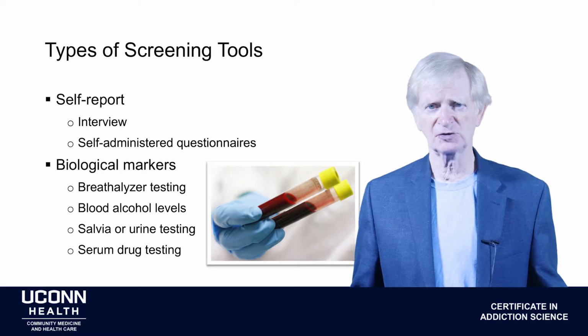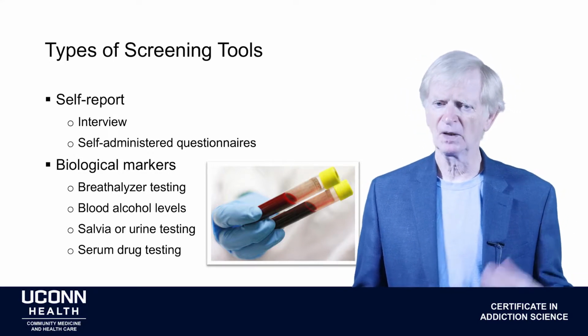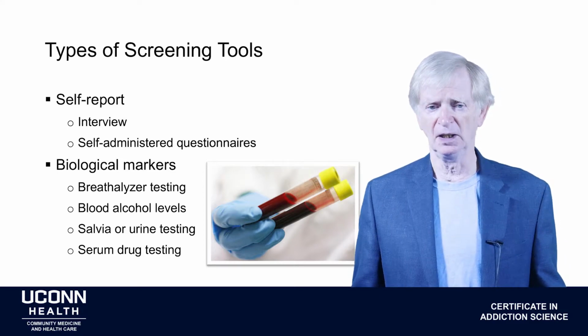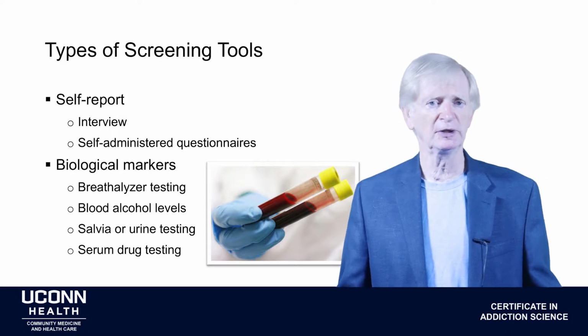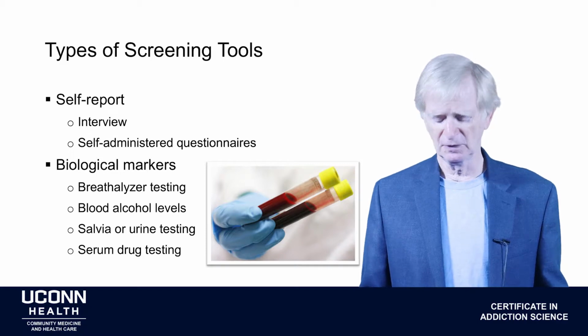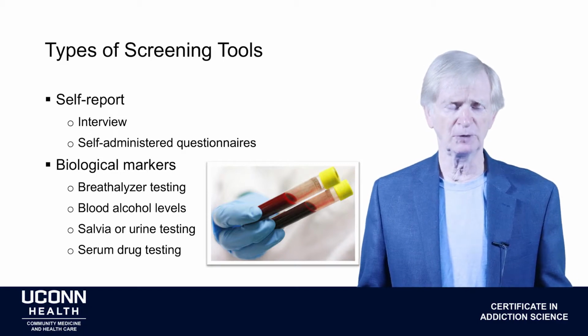And the technology is getting much better. So we can sometimes take a saliva sample in an interview situation, send it to a laboratory or score it on the spot, and we can get some objective verification of a person's self-report information.